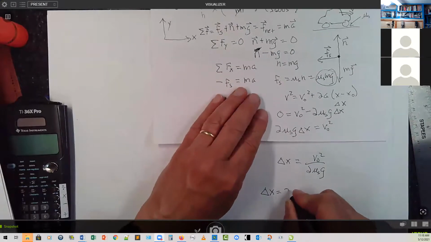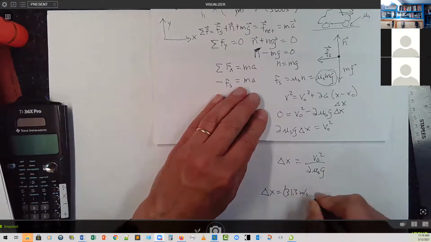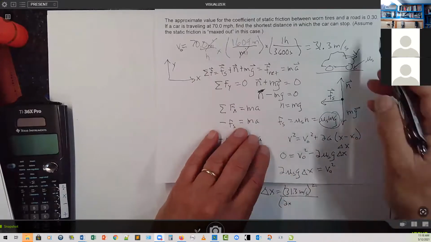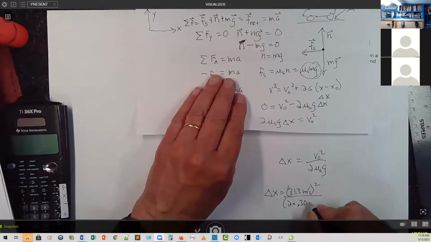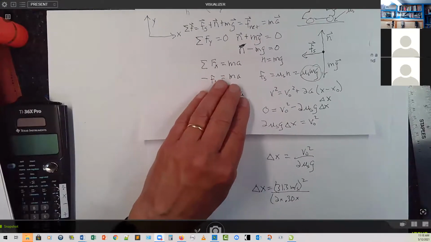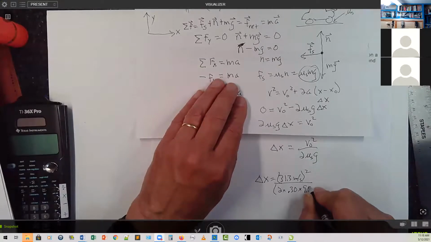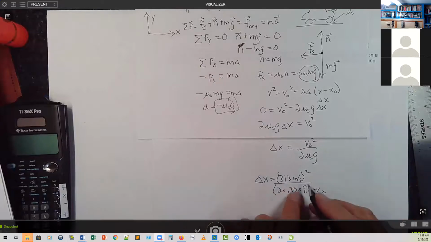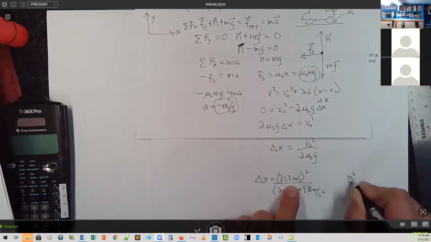So I have to square that, and I divide by 2 times mu sub s, which was 0.30, times g, 9.81 meters per second squared. Okay, to check my units, on top, I'm going to have meters squared per second squared.